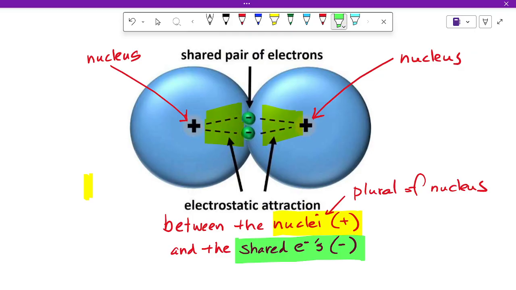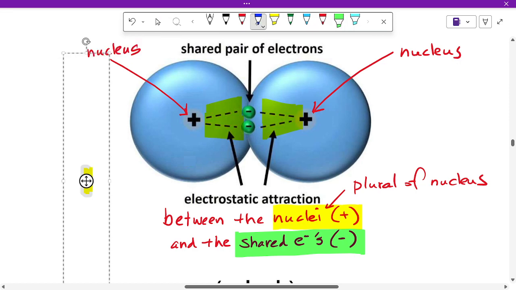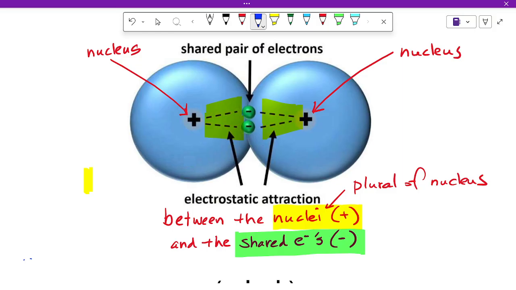What kind of a bond is that? What kind of bond do we have there? Covalent.